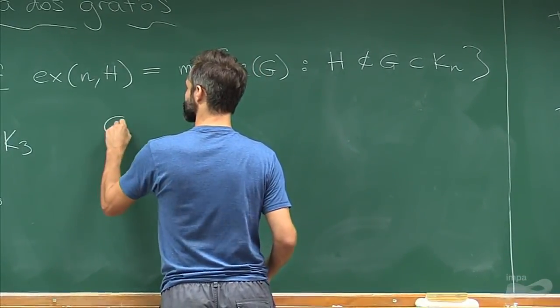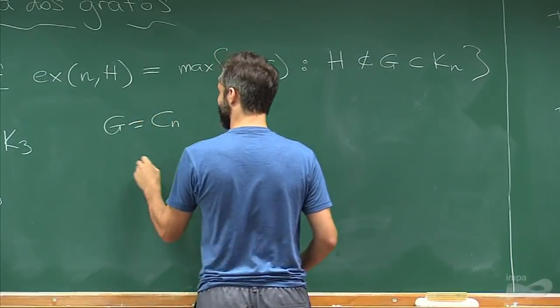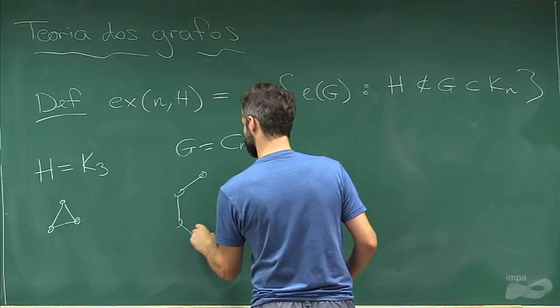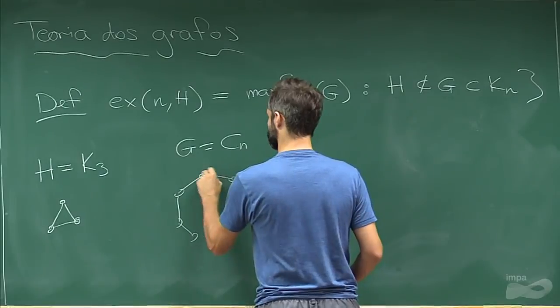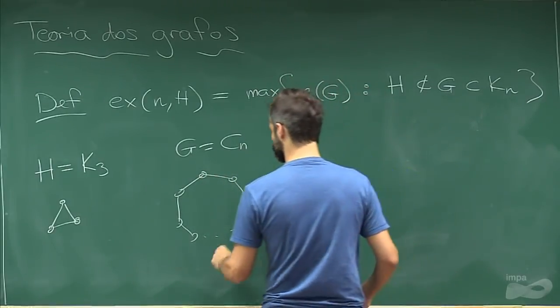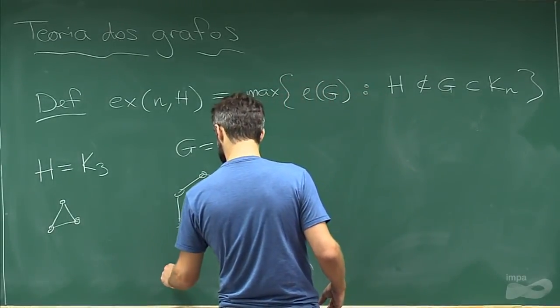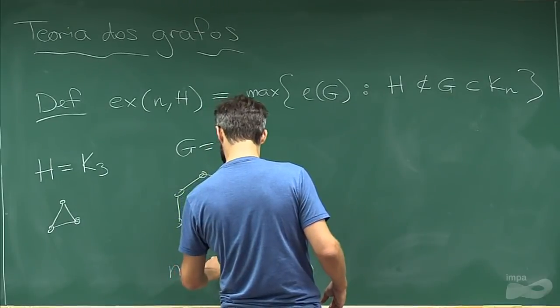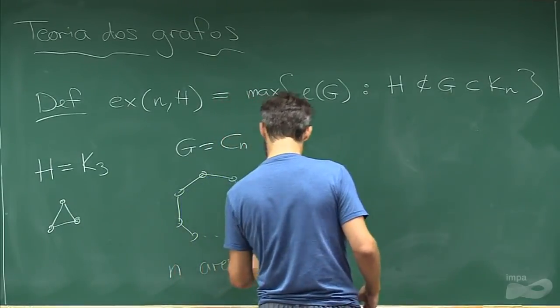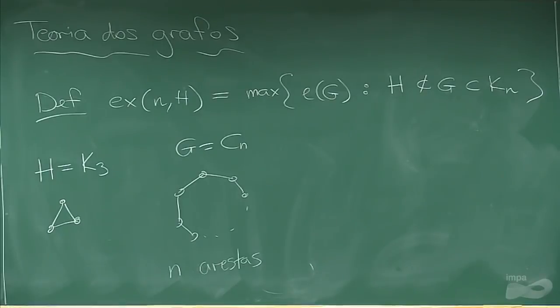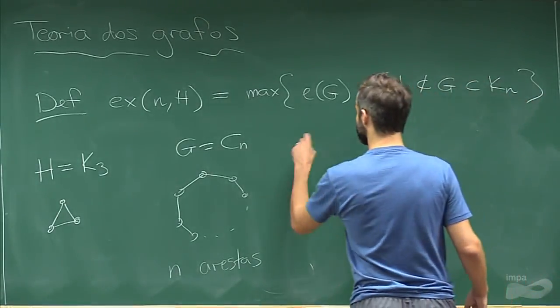So G is Cn. This has n edges. Okay, so who can beat n? Lots of C4. That's another one.